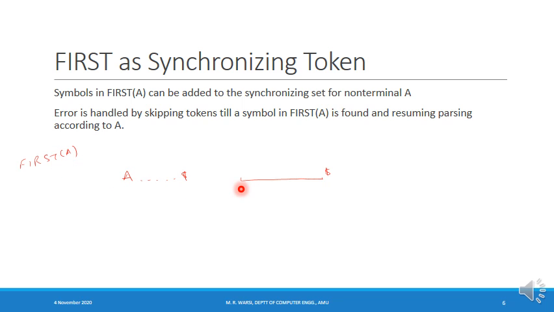Let us also assume that the symbol which is there in the first of capital A is appearing later on in the input buffer. So how can I interpret this particular situation?